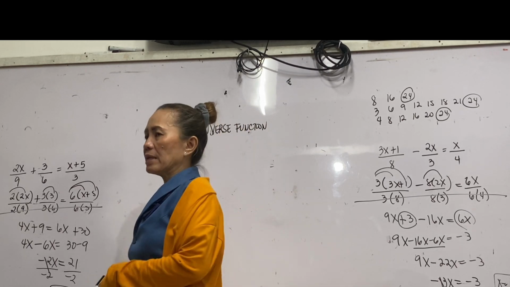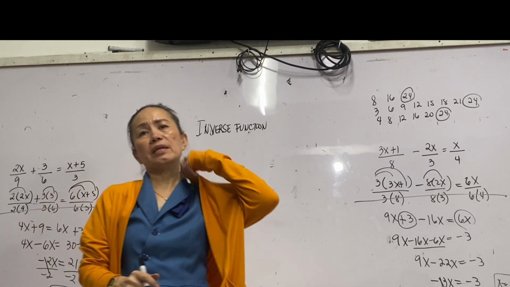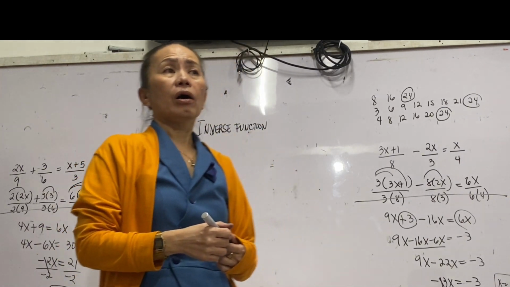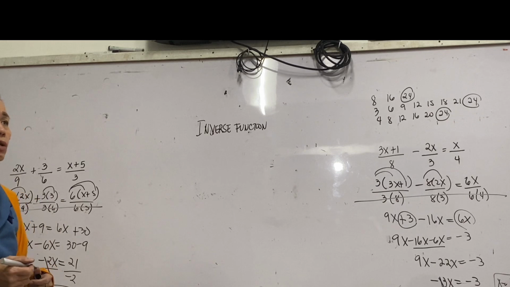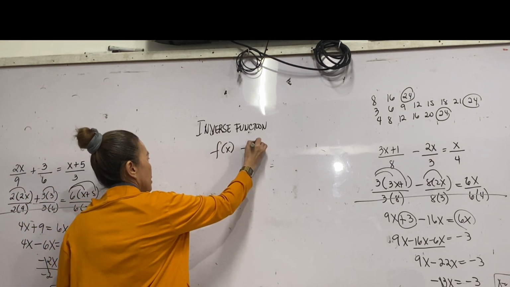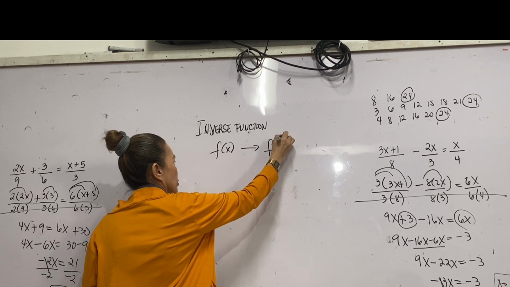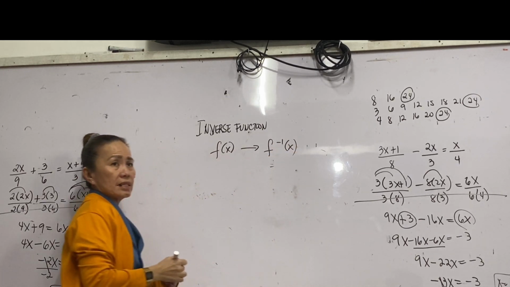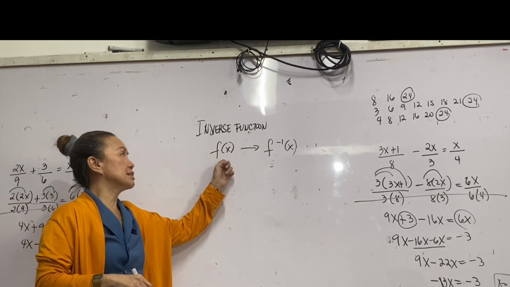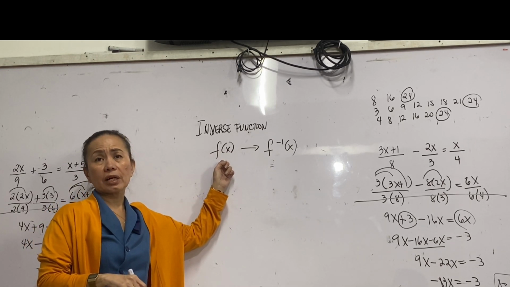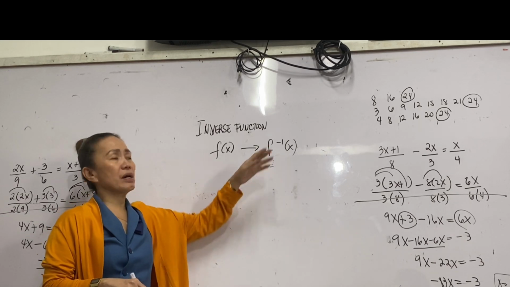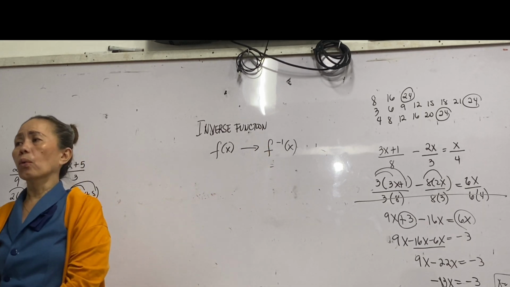Okay, pag sinabi natin inverse, ano daw ibig sabihin ng inverse? Kabaliktaran. Nagkakaintindihan ba? Okay, kung sa ating function, we have here f of x. Sa inverse naman, f raised to negative 1 of x. This is the symbol for inverse function. This is the symbol for function. Meron siyang raised to negative 1.